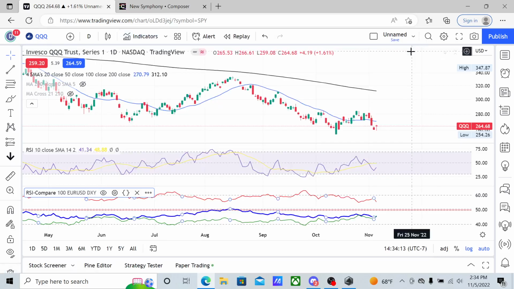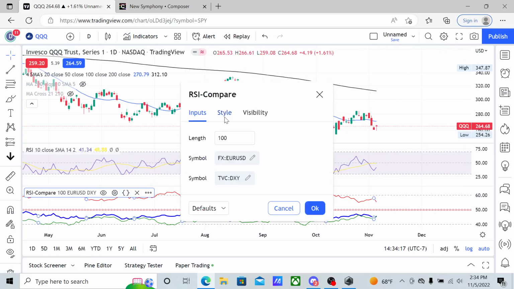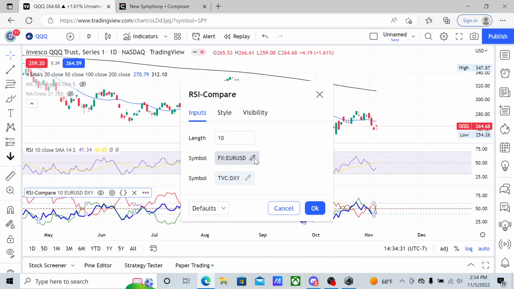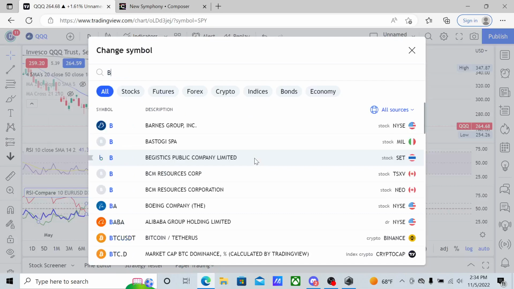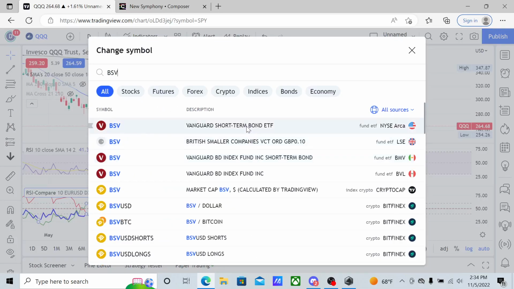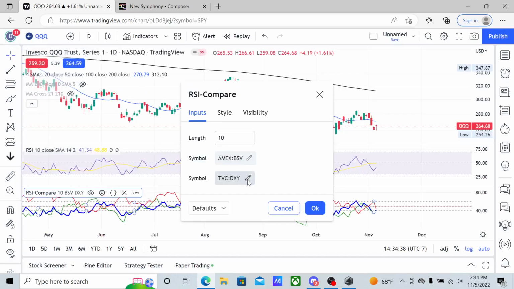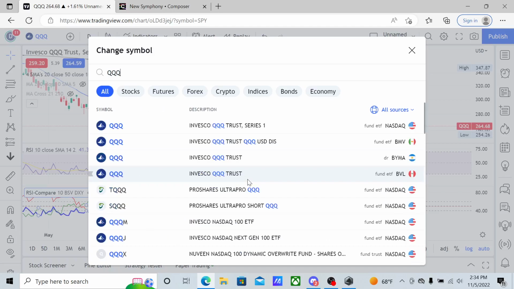So this is RSI Compare, and what this tool does basically is compare the RSI of two securities, assets, whatever you want to call them. So I'm using the 10-day RSI, and what I'm doing is comparing short-term bonds to the NASDAQ ETF, which is QQQ.